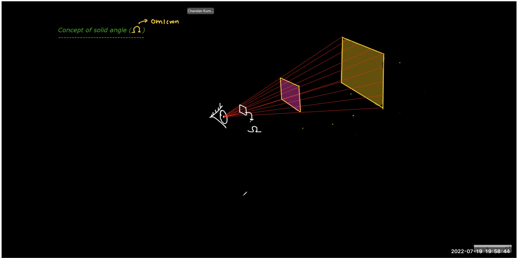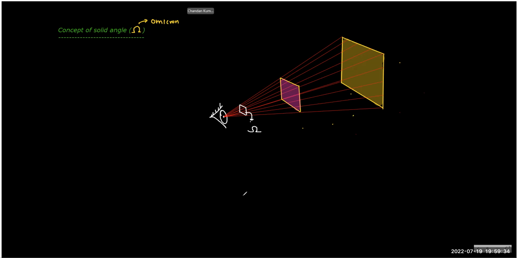So the solid angle is the angle subtended by the surface at a point.